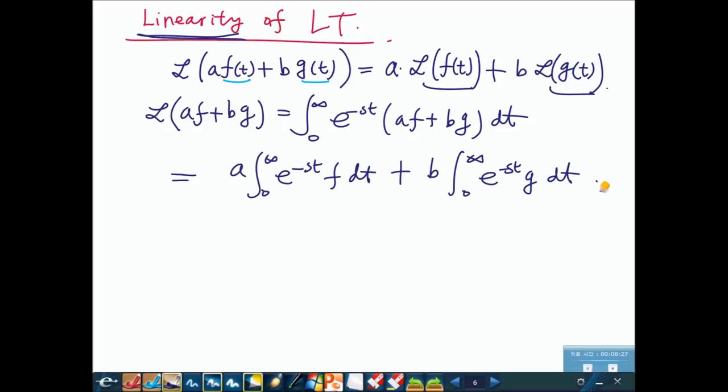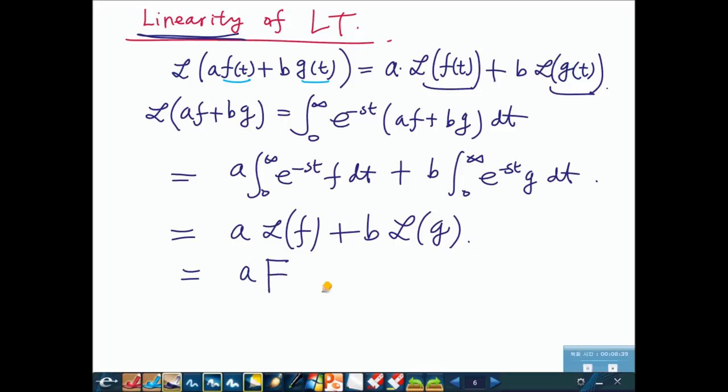Right? Fairly easy. a L of f plus b L of g. Okay? In S domain notation, a big F plus b big G. You can write it that way too.